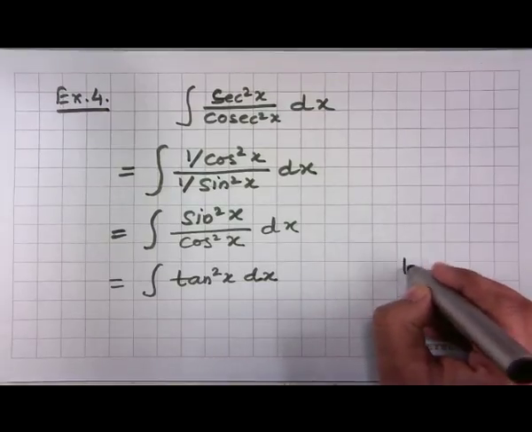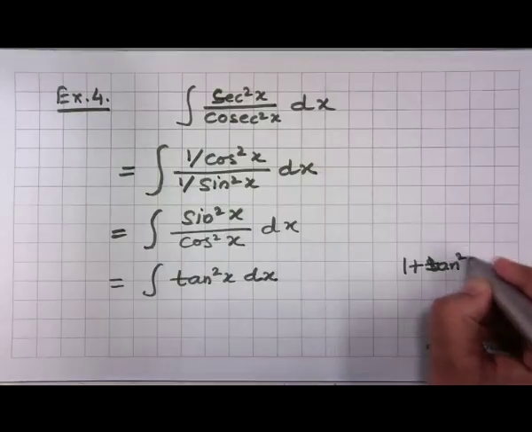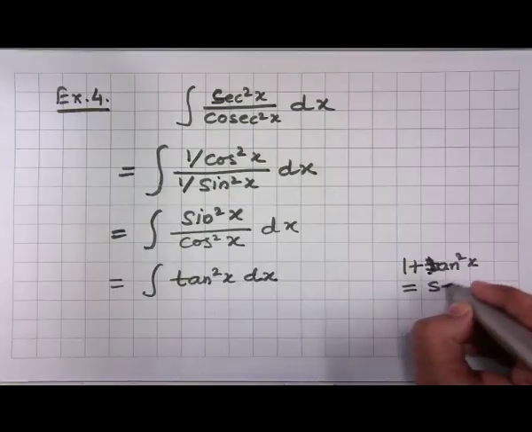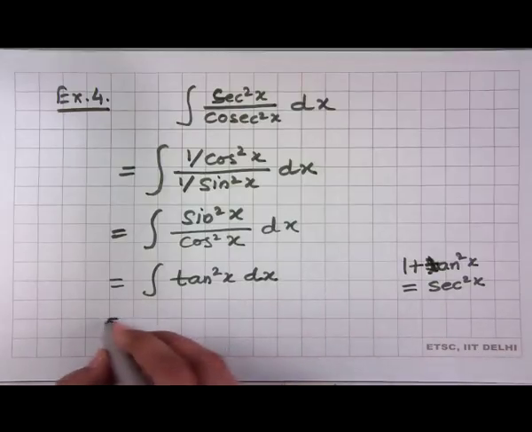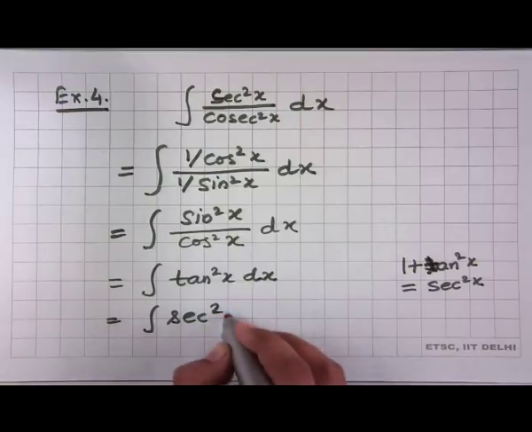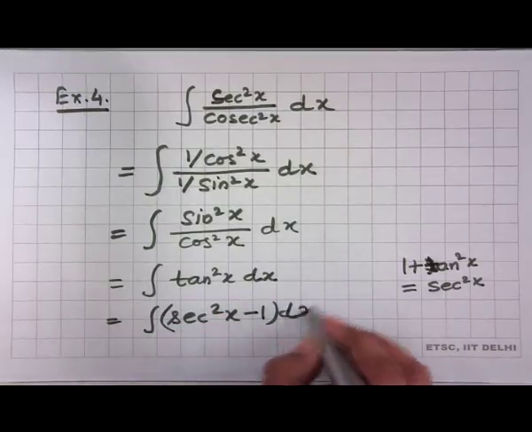We know the formula one plus tan square x equals sec square x, and therefore, using this formula we can put it as the integral of sec square x minus 1 dx.